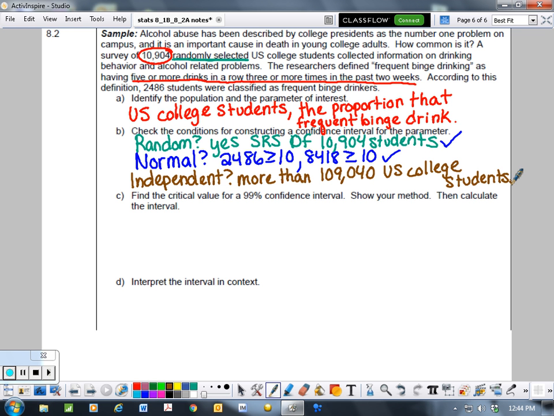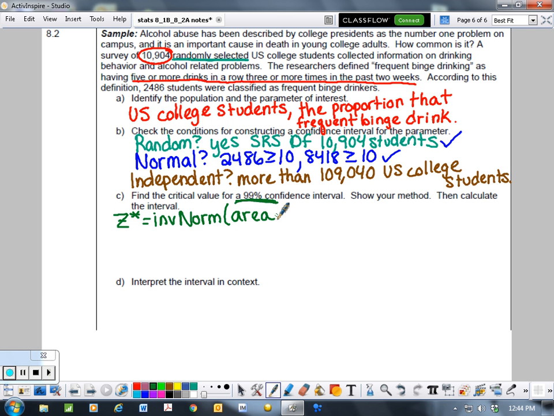So the next thing we're going to do is go ahead and calculate the critical value for a 99% confidence interval. So our z star is going to be equal to the inverse norm with an area of half of whatever is left over.